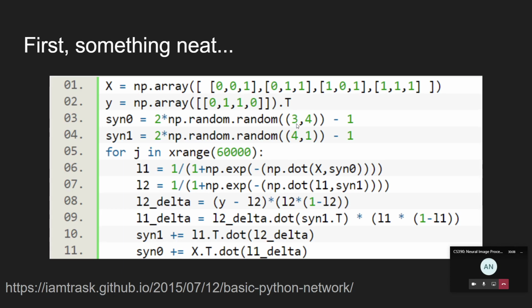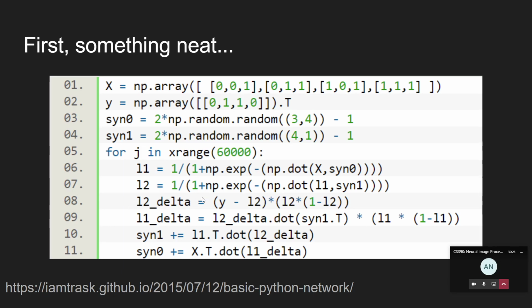So first thing we do here is we do our forward pass of layer 1, forward pass of layer 2. We end up getting our delta, just like we had in the slides there.